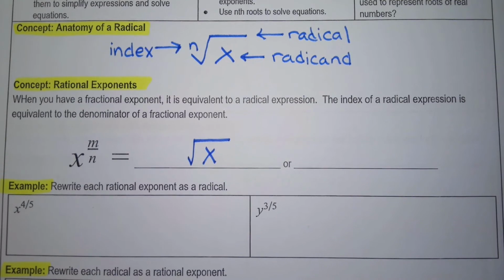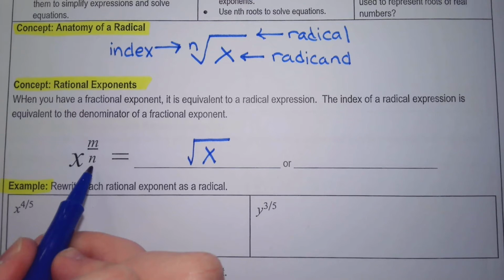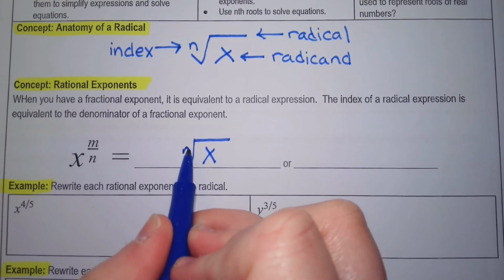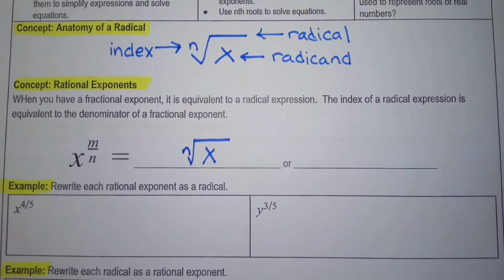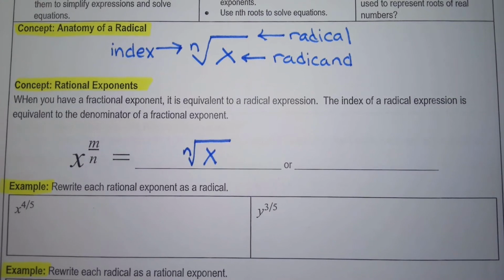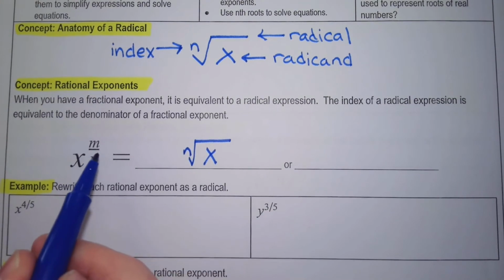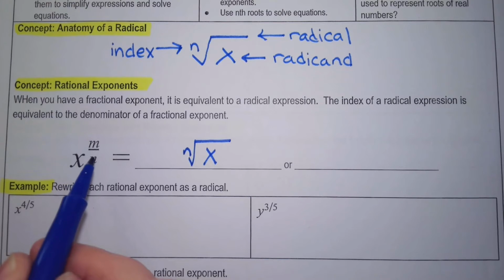Then the denominator of your fraction, so here it is n, it's going on the tail, so it's our index number. Now, this m, there are two spots it could go.